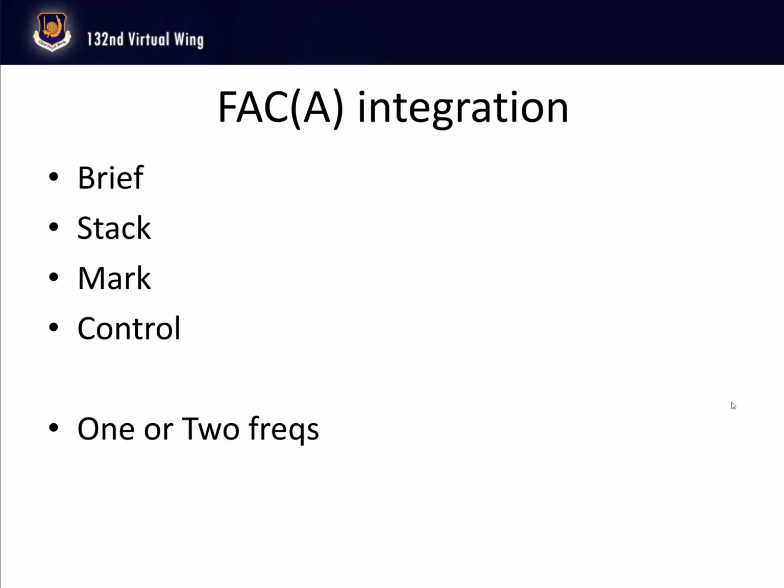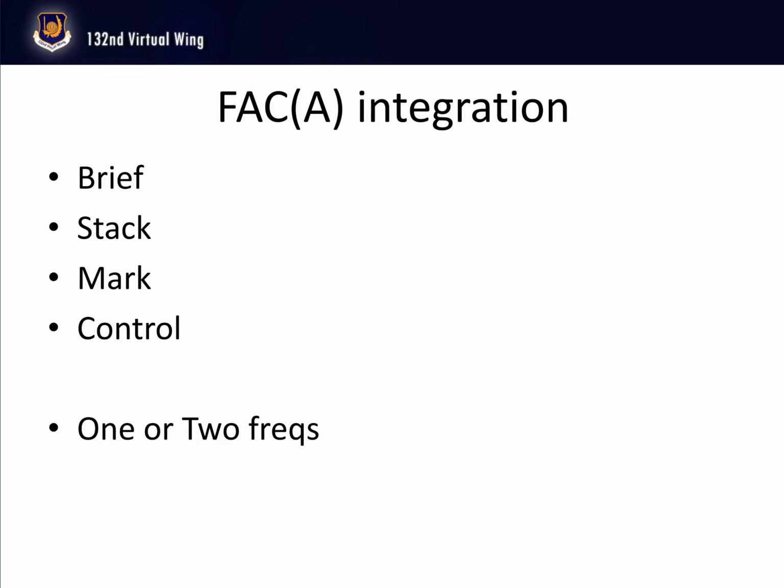The ideal situation is to have a JTAC on the ground and a FAC(A) supporting from the air, because then the FAC(A) can take some of the workload off the JTAC and help a lot to advance the mission. The JTAC can give the FAC(A) brief, stack, mark, or control: one of the 4, 2 of the 4, or perhaps all of them.